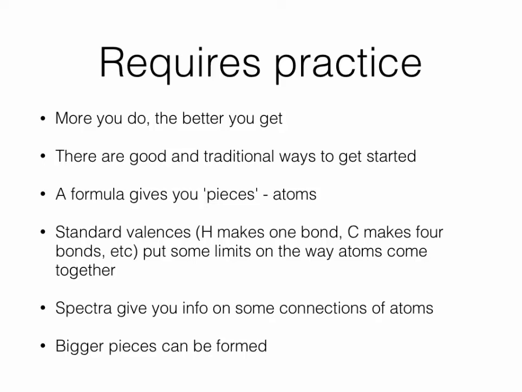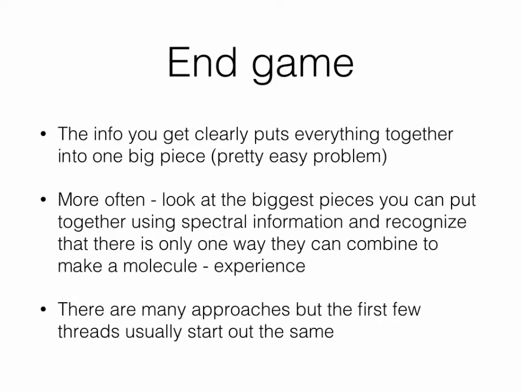Just like a jigsaw puzzle, the bigger the pieces get, the fewer variables there are to come together to give you a structure. In the end game, one of 3 things could happen. The first is that you've processed all of the information and you've gotten one big piece and there's your structure. That's generally a pretty easy problem.